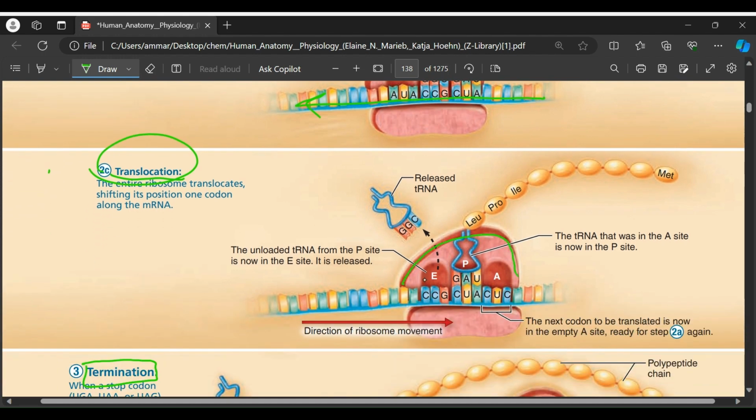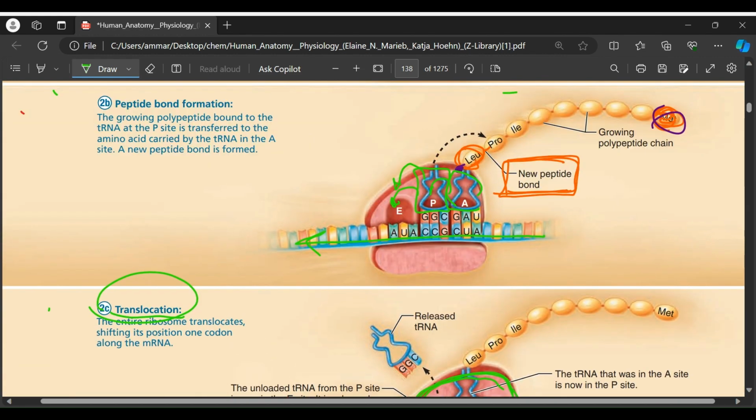The large subunit and the small subunit are the ones moving. So the ribosome is moving. The mRNA is in its place. It's not moving.